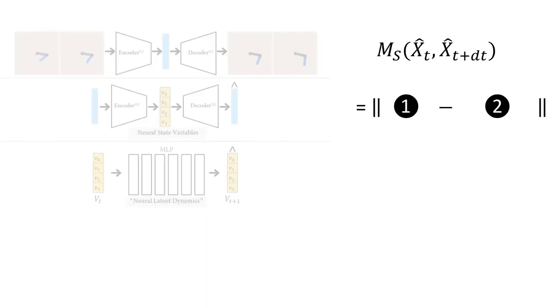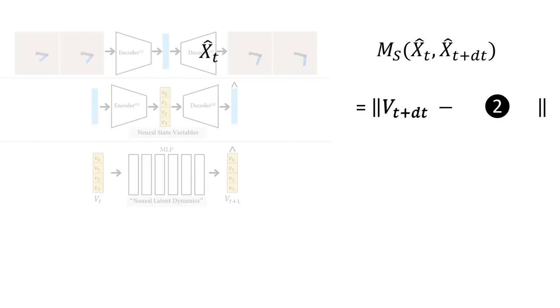With the neural latent dynamics, we can now define a more general stability metric as the distance between two quantities. Say we have two predicted image pairs at t and t plus dt. The first quantity can be calculated by projecting the predicted image at t plus dt into its corresponding neural state variable.